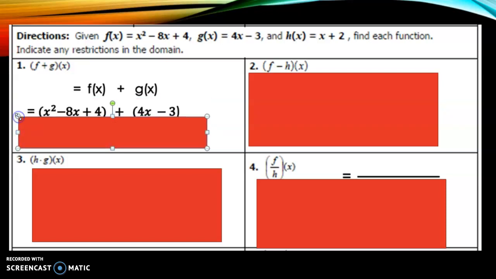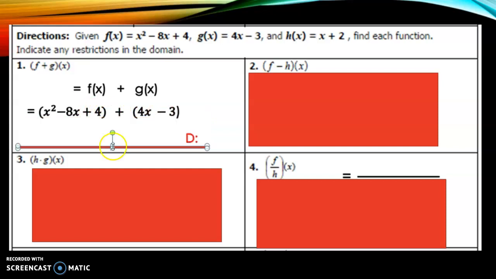So my step 1 actually looks like, well, f is at the top, x squared minus 8x plus 4. I put it in parentheses just to show, hey, that's all one thing. I bring down the plus sign because that's the operation we're doing, and then I write, instead of g of x, my g function, 4x minus 3. Since we're adding, those parentheses really don't matter. We're combining like terms.